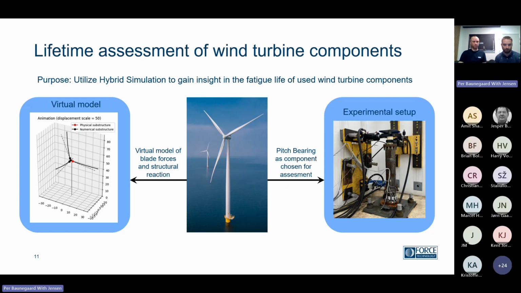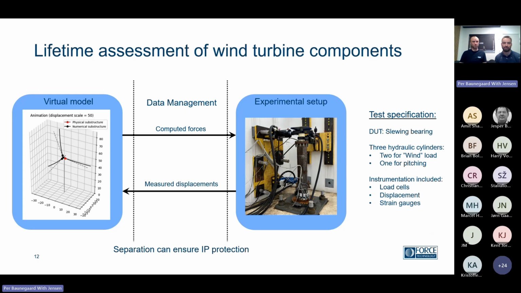So the result of this project is a virtual model that models the aerodynamic forces, from the examples or the different types that Per described earlier. In the hybrid testing, for instance, we model the input for the physical test, but we also model the entire wind turbine based on the sensors from the test, meaning that this is a two-way coupled system.